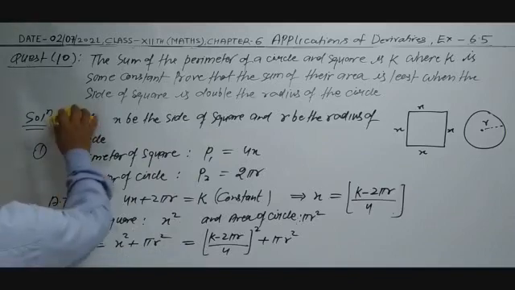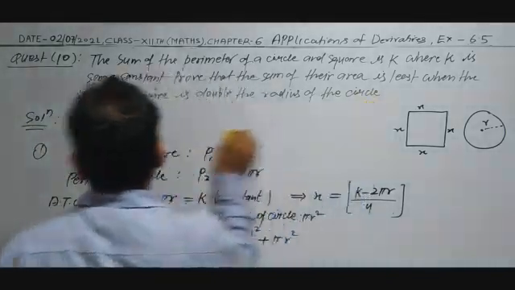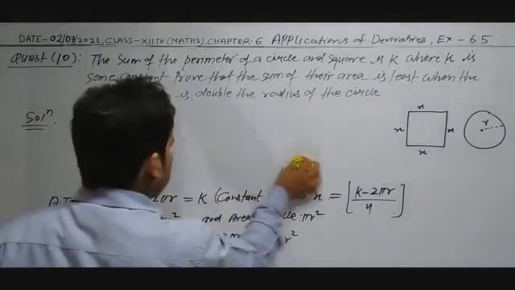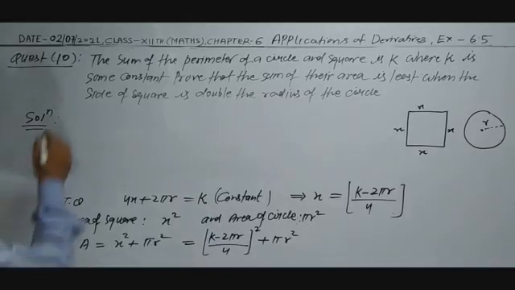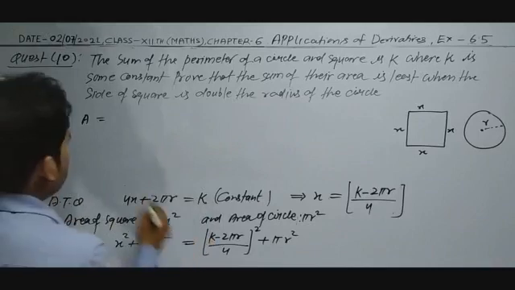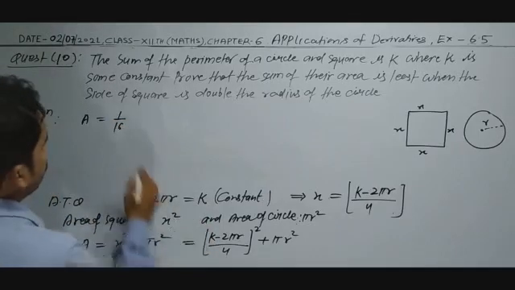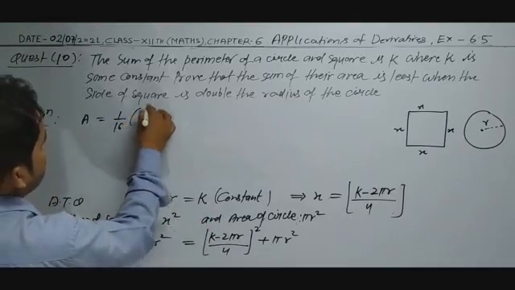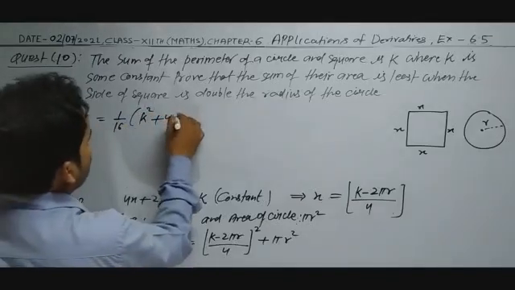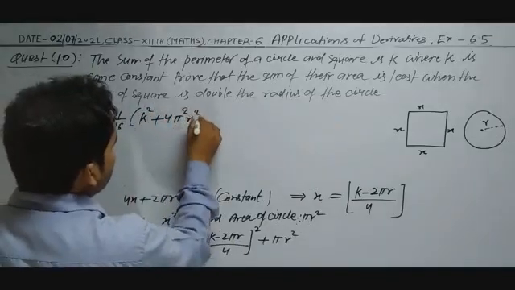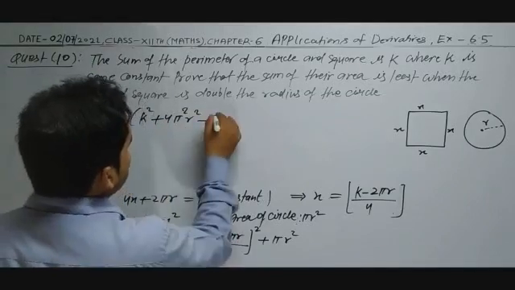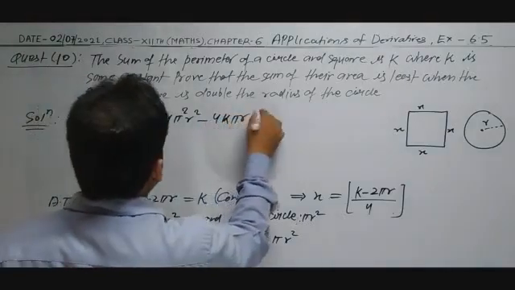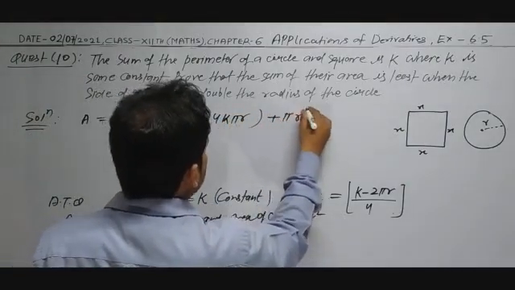So what will be the result? Now see, first of all we have to differentiate with respect to r. So A is equal to 1 by 16 times k square plus 4 pi square r square minus 4k pi r plus pi r square.